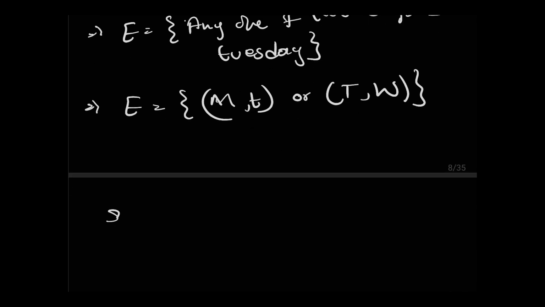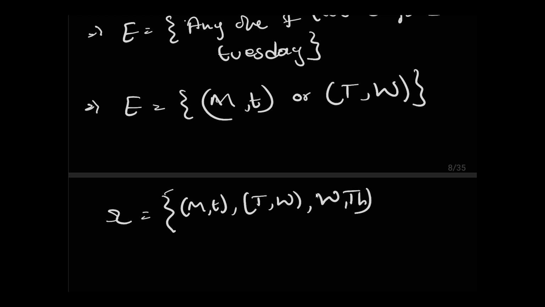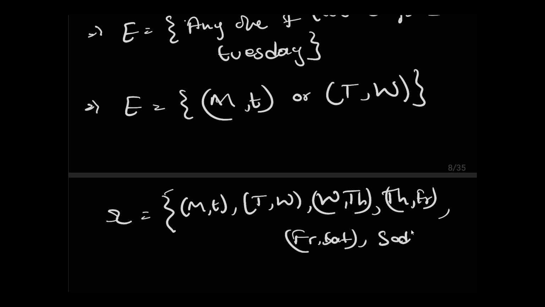And the random sample space will be Monday Tuesday, Tuesday Wednesday, Wednesday Thursday, Thursday Friday, Friday Saturday, Saturday Sunday, and Sunday Monday.